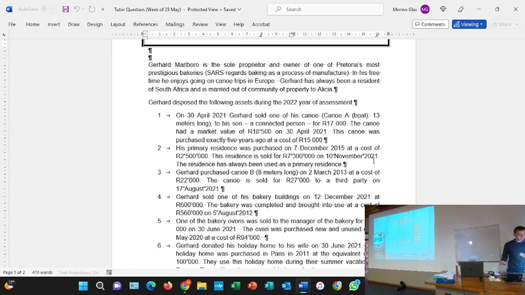After you've calculated your inclusion of 40%, then only can you transfer it into your taxable income column. And since they only required us to calculate the taxable income, you can just add all the amounts together. And that would give you your taxable income.